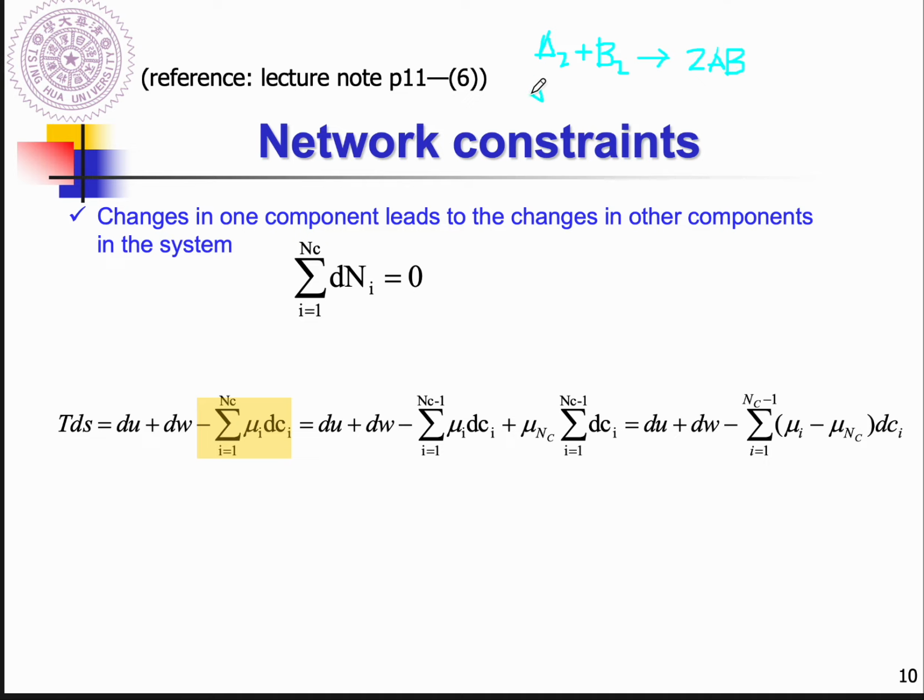So dA2 plus dB2 plus dAB must equal 0. This is a network constraint.